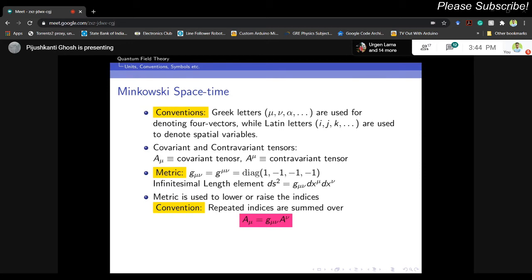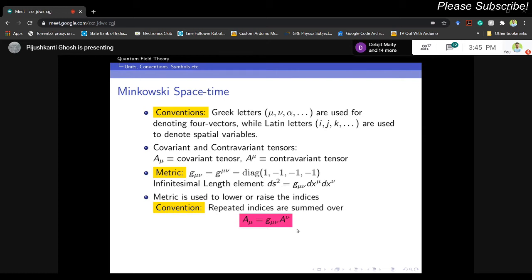But 2 cows plus 3 cows is 5 cows. Similarly, in an equation, what is a free index? Here nu is contracted: there is a covariant index nu and a contravariant index nu. Indices which are not contracted are called free indices.